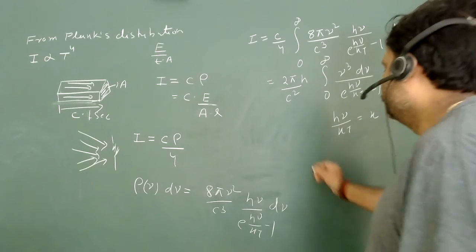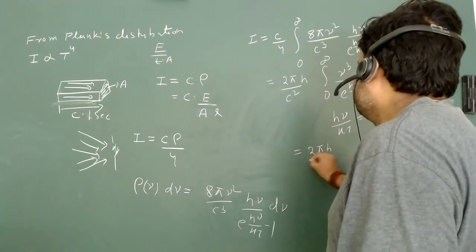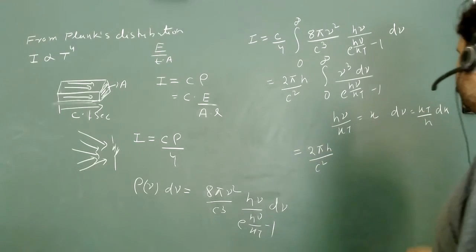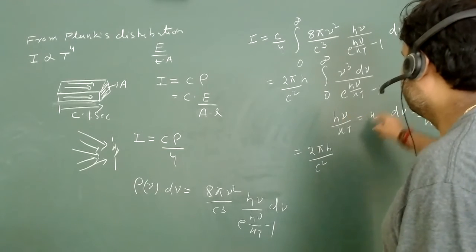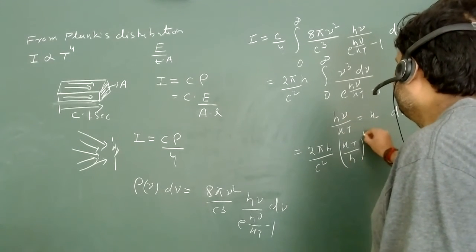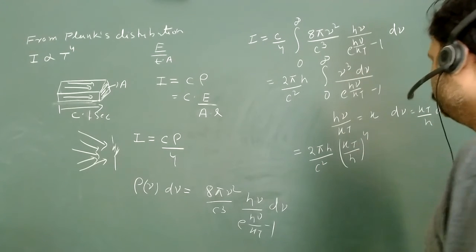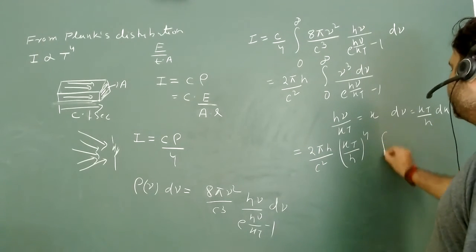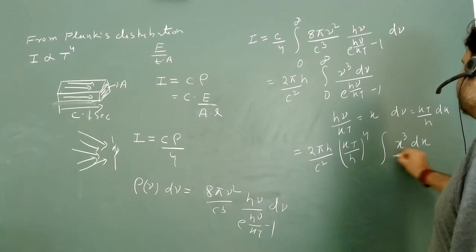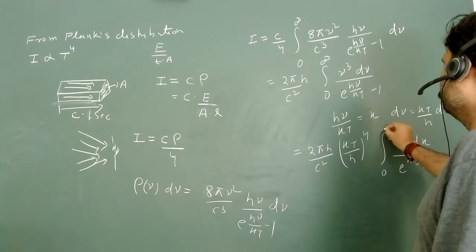Putting it here, we have 2 pi h upon c square, and nu can be written as kT upon h times x. The nu cube and d nu together give kT upon h to the power 4. Inside the integration we have x cube dx upon e to the power x minus 1, from 0 to infinity.